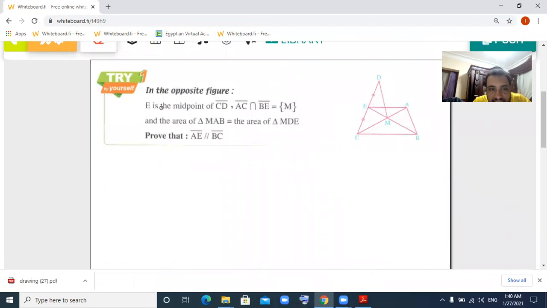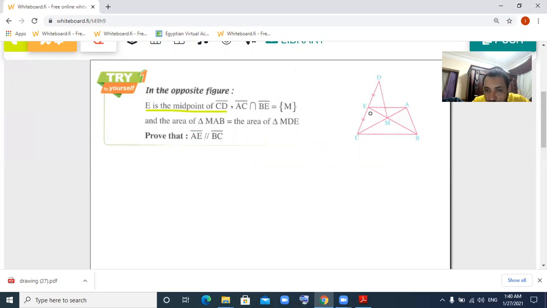I have E is the midpoint of CD. We studied in the last lesson that when I have a midpoint, it means EM is a median for triangle DMC.